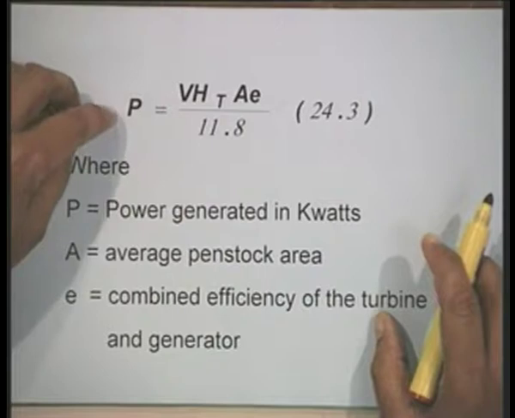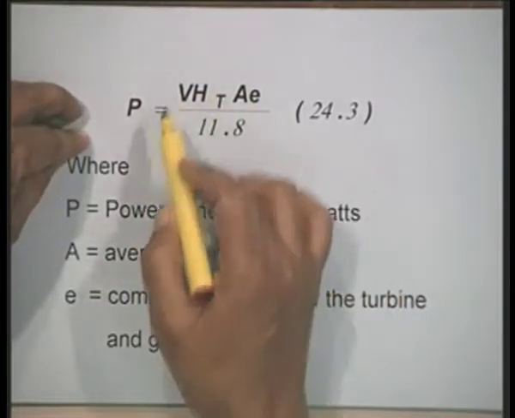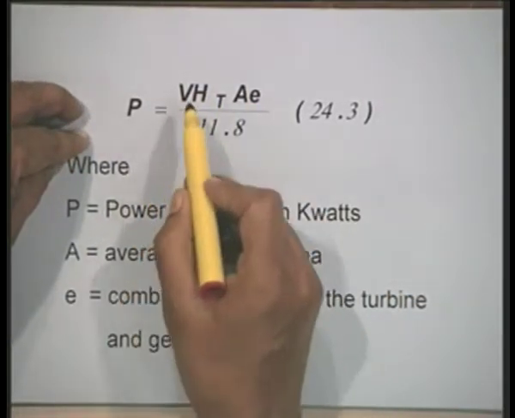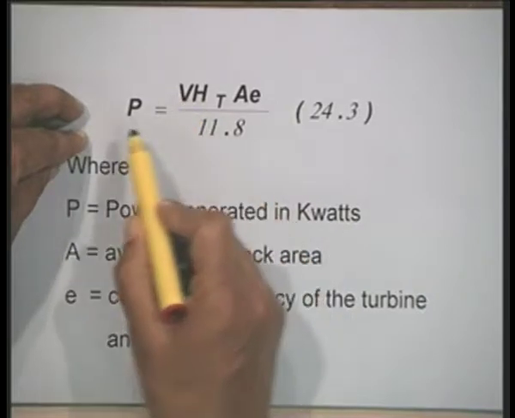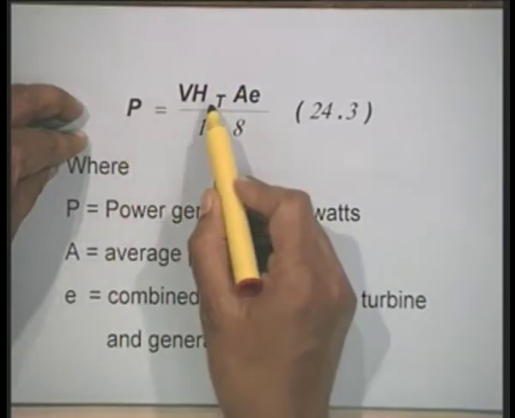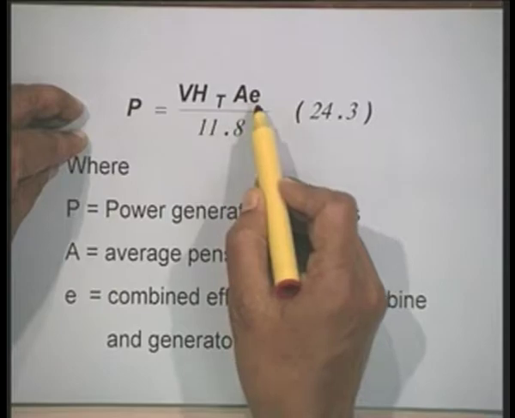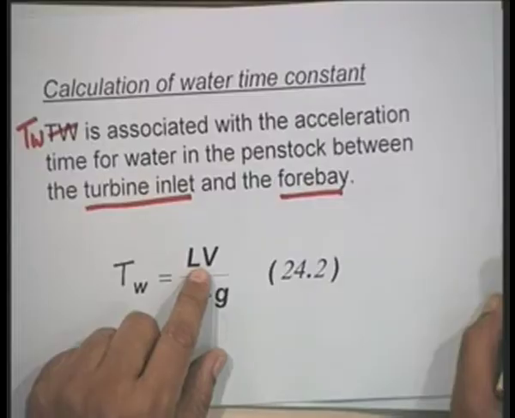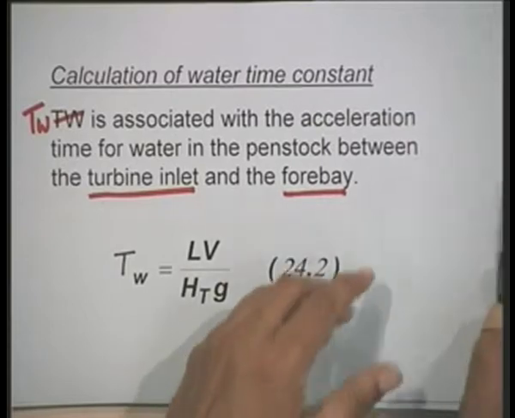From this equation we express the value of V in terms of power, head, A and E, and then substitute it in equation 24.2.